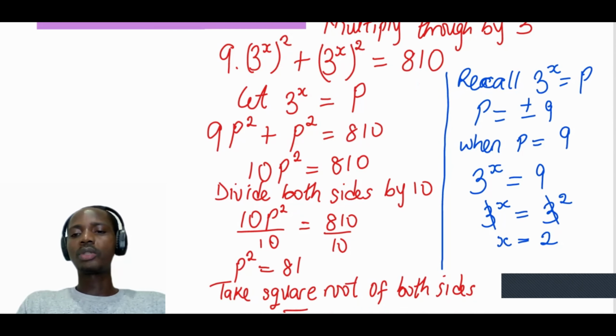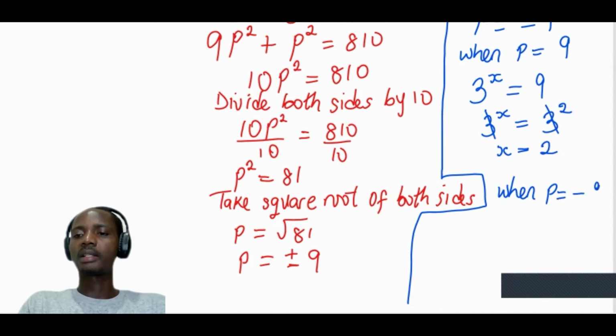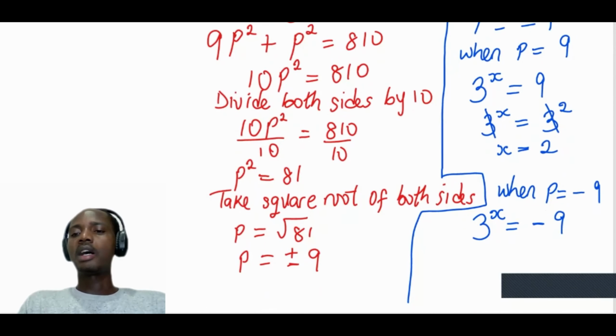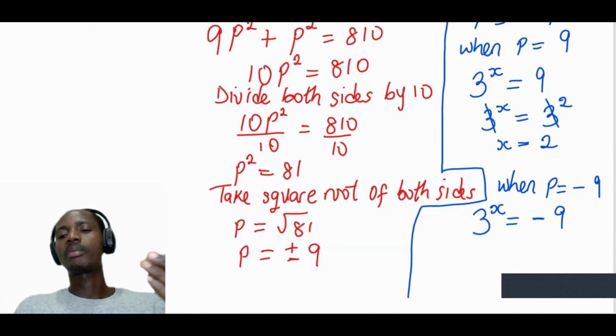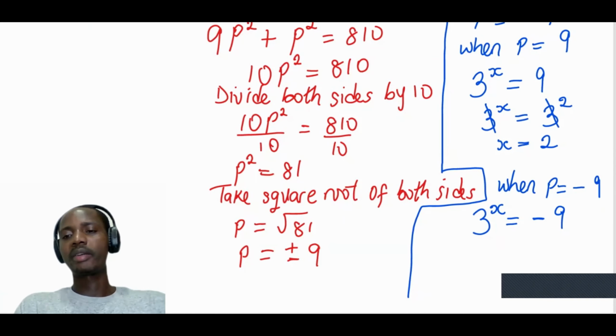Now, when p is equal to negative 9, what do we have? I'm going to be having 3 to the power of x equals negative 9. Is there any number 3 to the power of whatever number to give negative 9? There's no number. Remember, what we have is negative 9, not just 9.